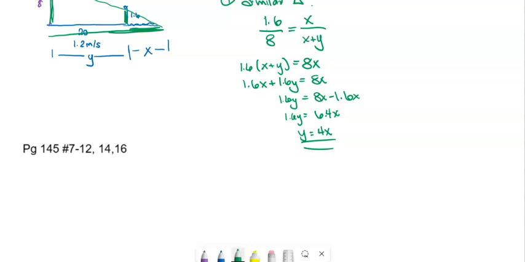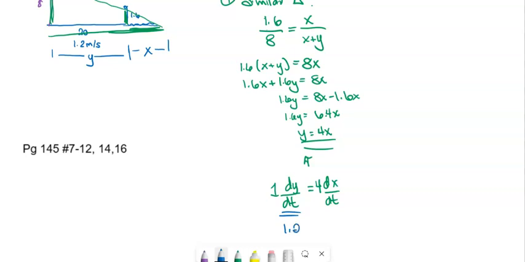Okay, I'm going to take the derivative of this now. This is the rate that it's changing. The derivative of y with respect to time. So the derivative of y is just 1. I can write that in there if I want to. And the derivative of x with respect to time is just 4. Okay, and now I can plug in stuff. Here's my rate of change.